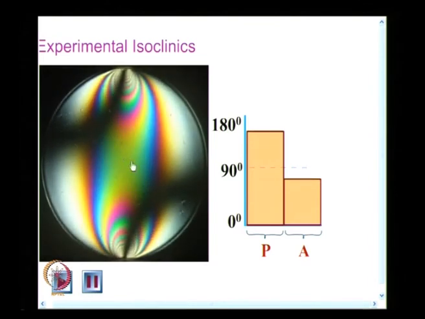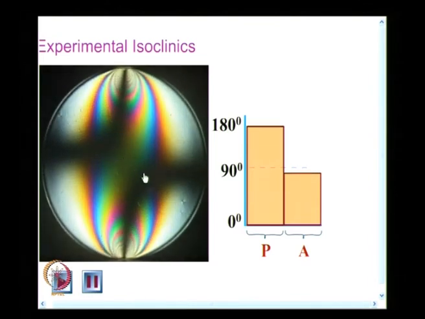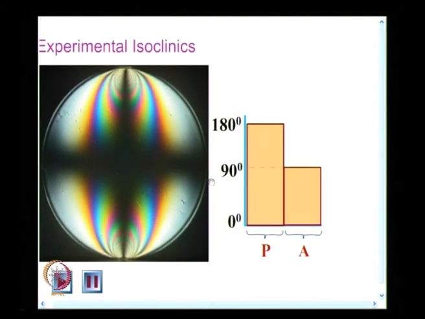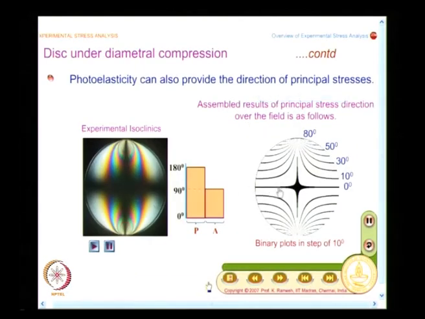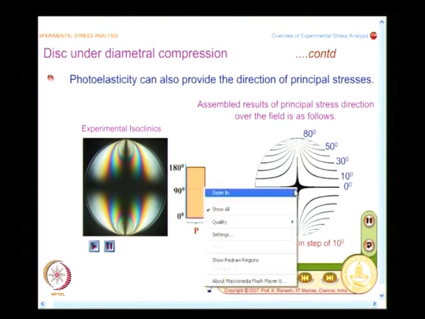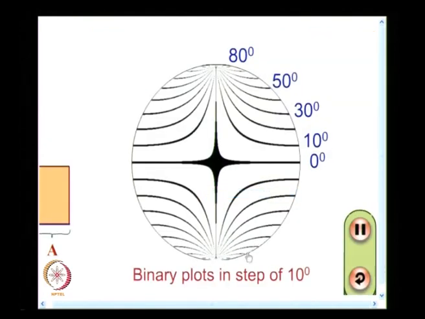So, from a data collection point of view, I have to set it at fixed angles and try to make a reasonable sketch of what these contours are, and that is what is shown here. So, what you have here is the set of contours which is a binary plot in steps of 10 degrees.